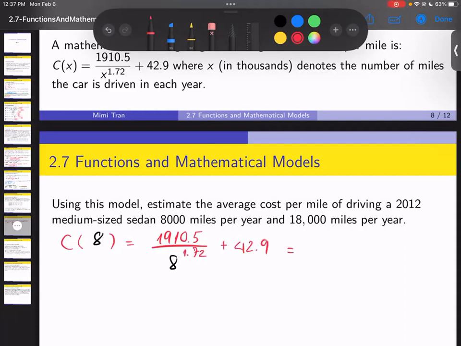I have 96.3 cents. Is that what you got? Per mile. You don't forget the unit.